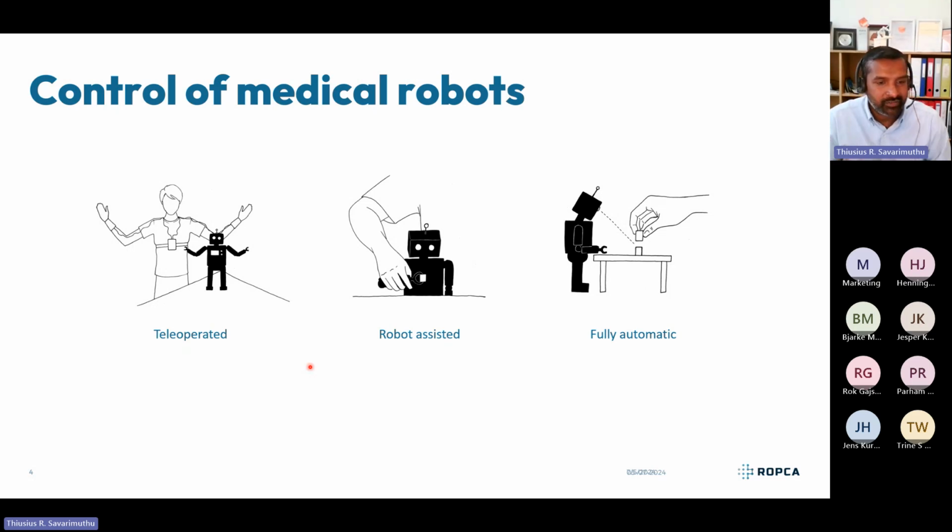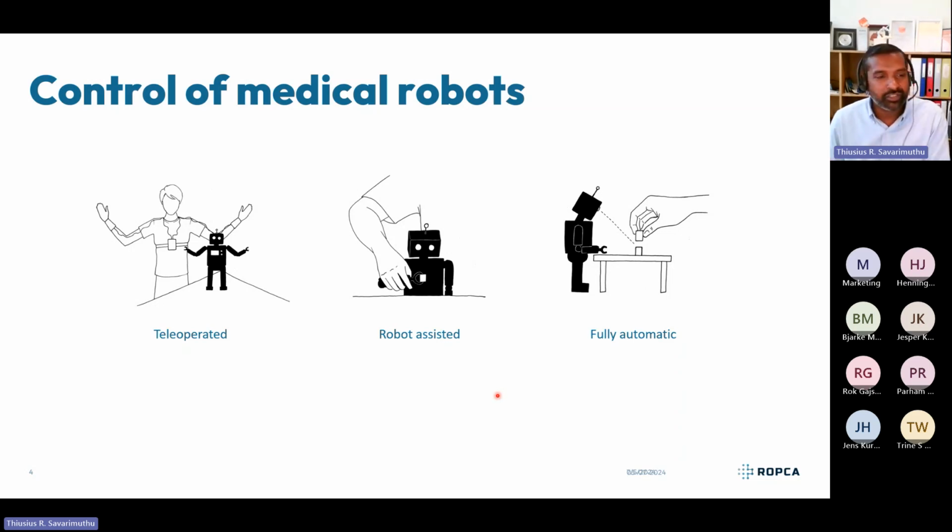But I think, in general, this is the trend we see in medical robots, that we want to have more and more automatic systems out there. So just to be clear, Arthur is not a fully automatic system in the robotic sense. However, I think there are some trends towards this in the community.